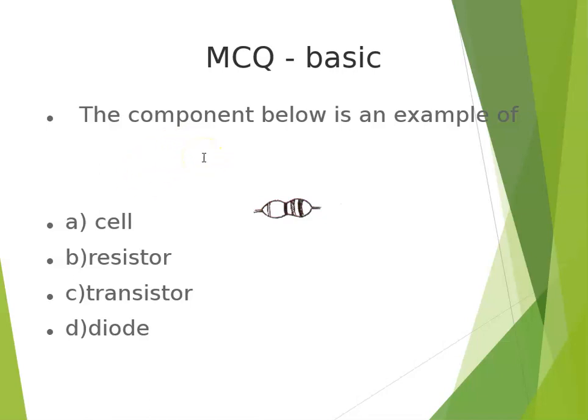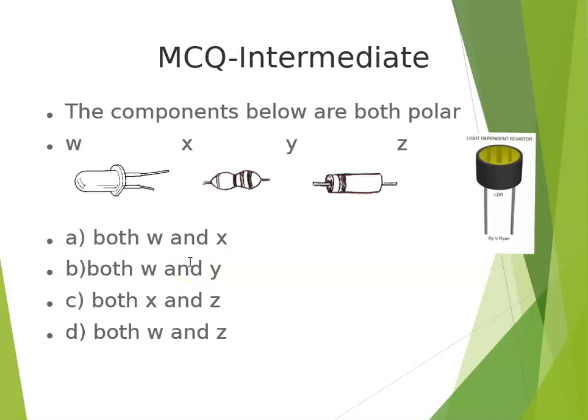So the question is, the component below is an example of. If you've done this in the class and you've shown the student this in class, then it's a matter of recall. So that is why I say that it is a very basic question. You're giving them the 4 options and the child will choose the correct option, which in this case is the resistor.